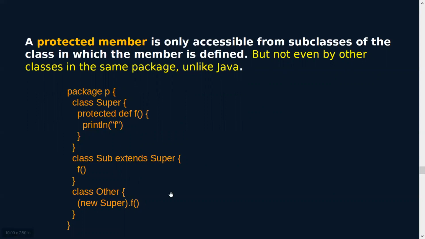But if I have any other class which is not extending super, then that will not be able to access it. You will get an error message. But in Java, if this other and sub are also part of the same package, then you can access them.